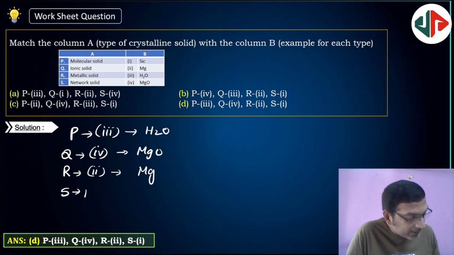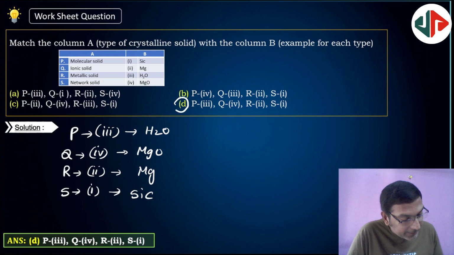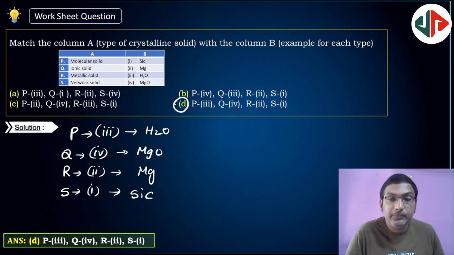Next, network solid is SiC, that is 1. Silicon carbide, carborundum. Therefore, 3, 4, 2, 1, which is present in option D. Option D. Simple question only. Next.